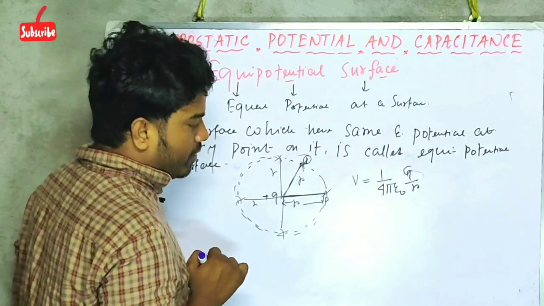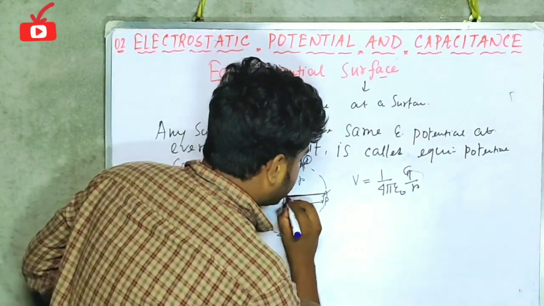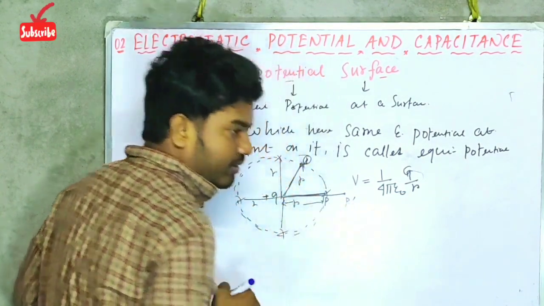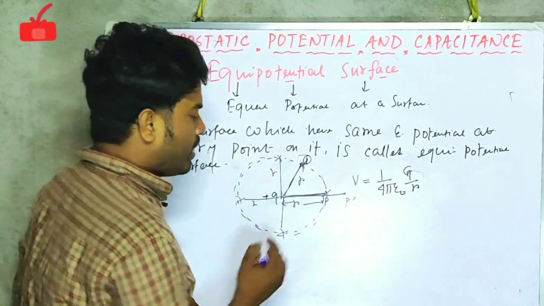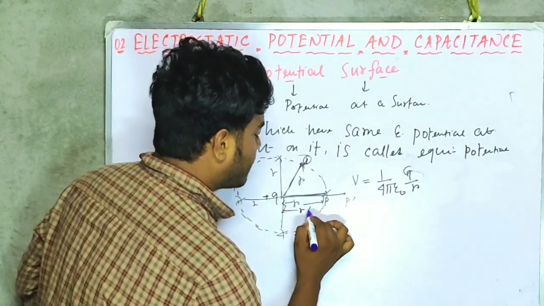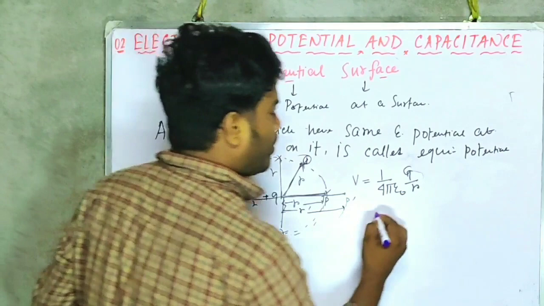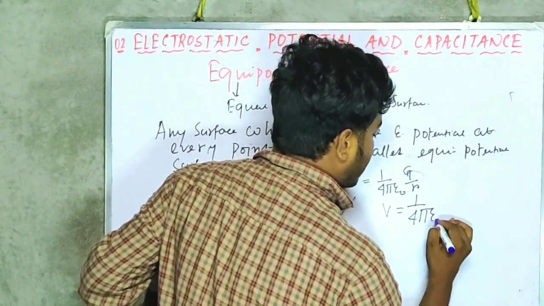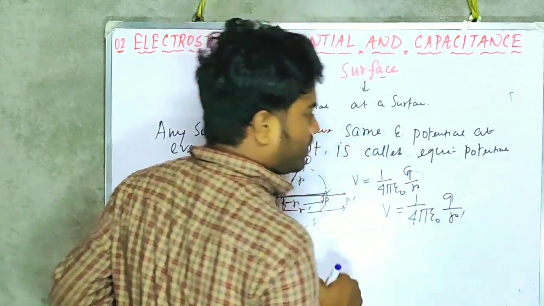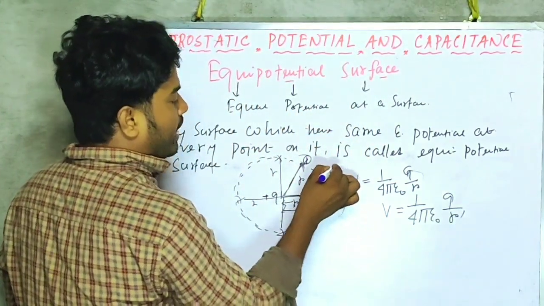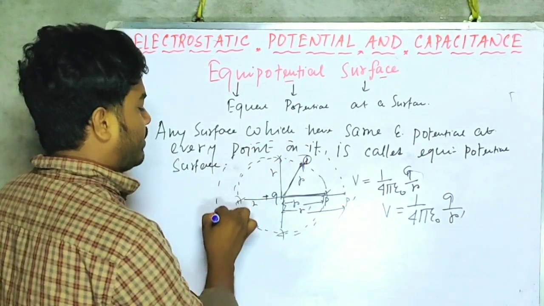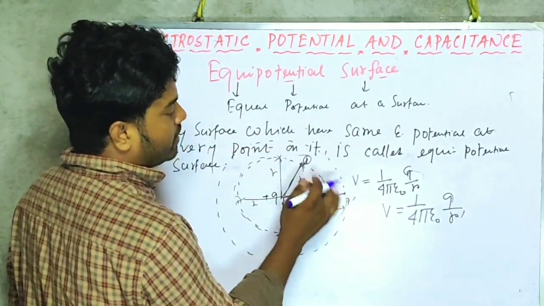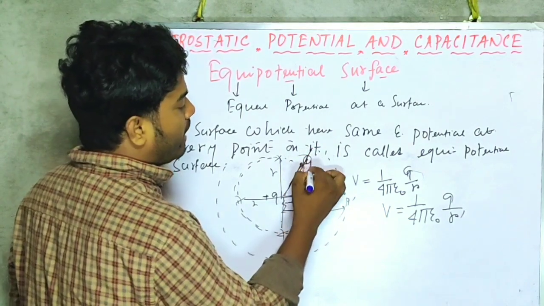Clear? Now if we calculate the electric potential at point P dash, suppose this separation is R dash, the formula will be V is equal to 1 by 4 pi epsilon naught Q by R dash. Now draw a sphere here. If this separation is R dash, then this separation is also R dash.